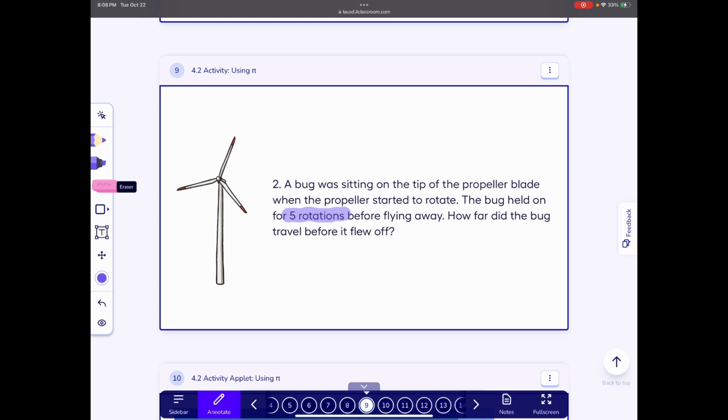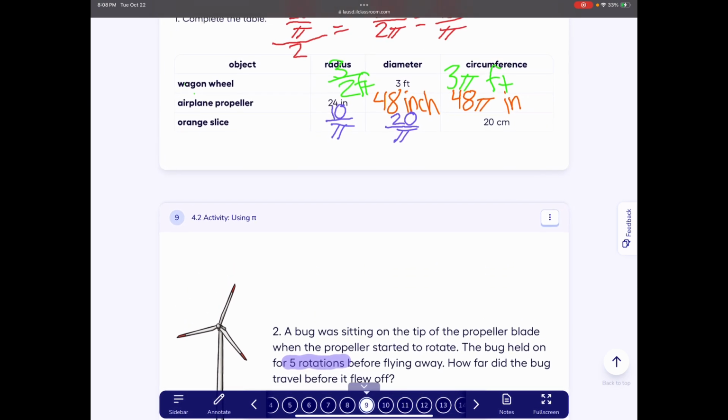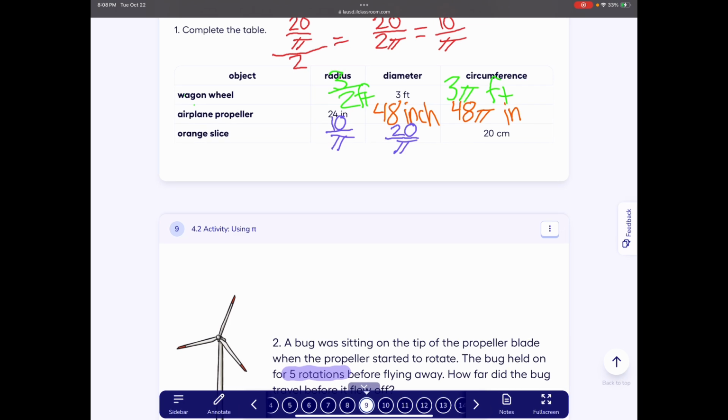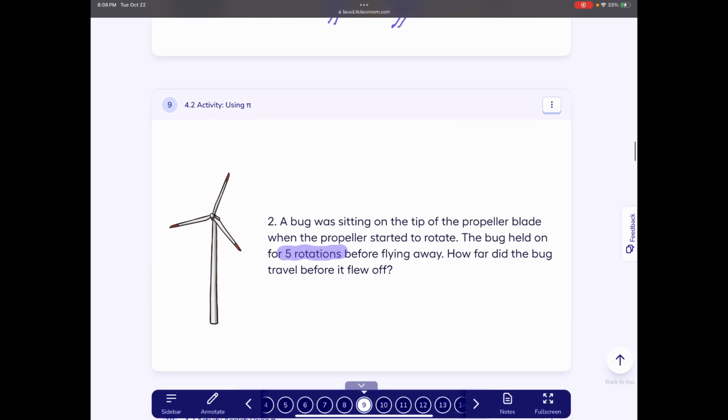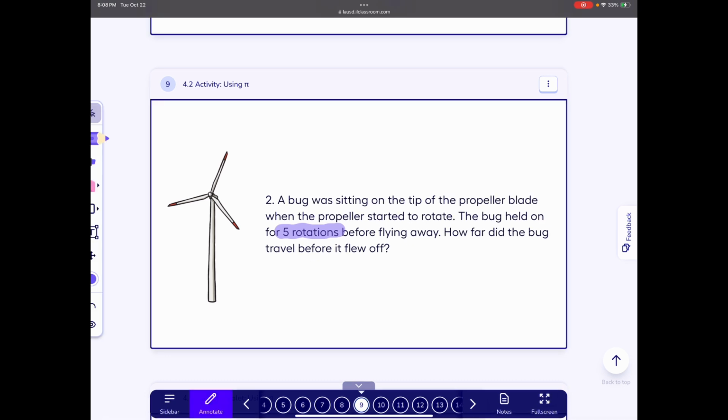If we go back up here, look at the airplane propeller. The diameter is 48 inches. So one thing we could do is write that down. We want to know how far it traveled before flying off.